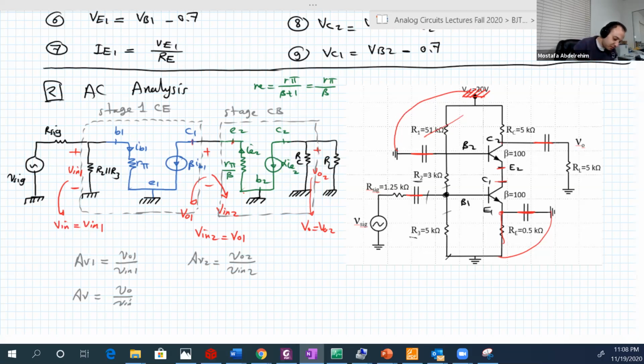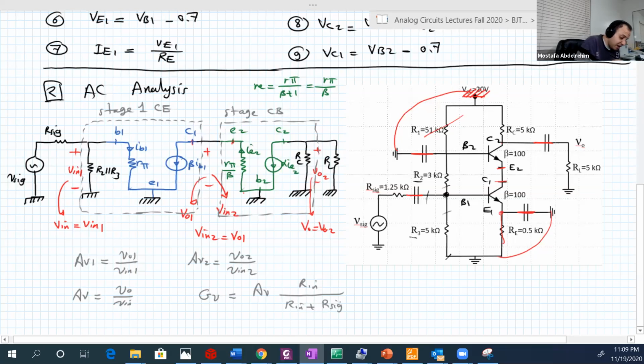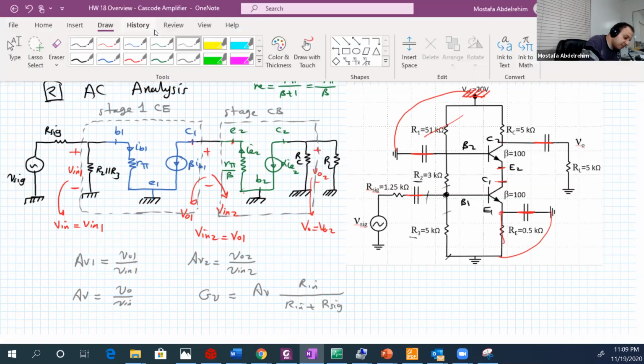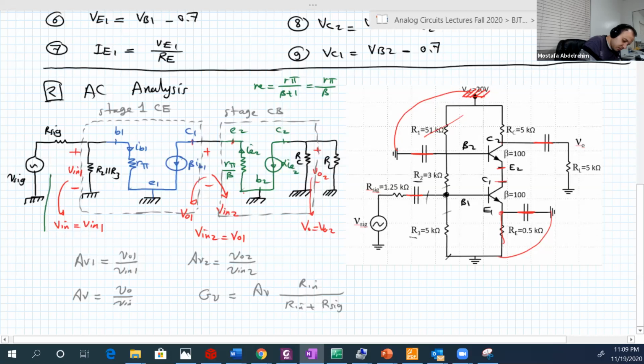Then AV with the source is equal to AV times Rin over Rin plus R signal. Where is Rin, by the way? Rin is between the same terminal of the input. Where is RO? Between the same terminal of the output.